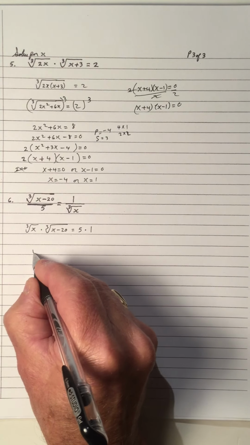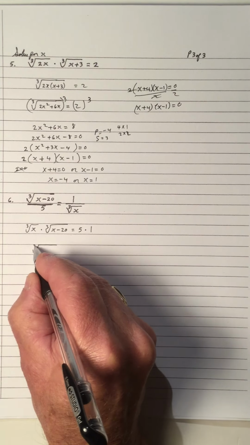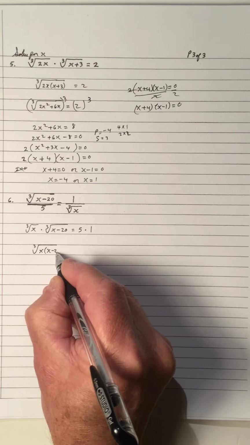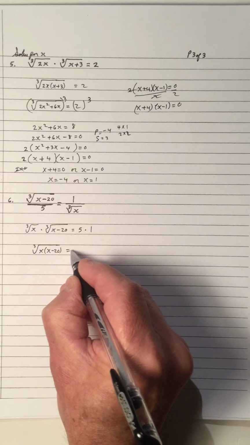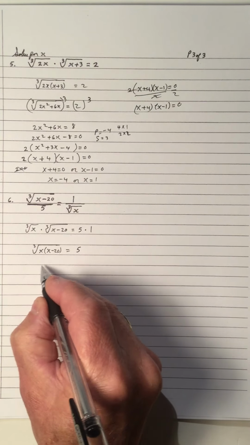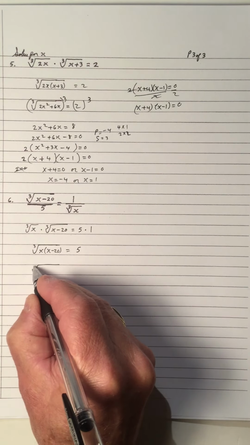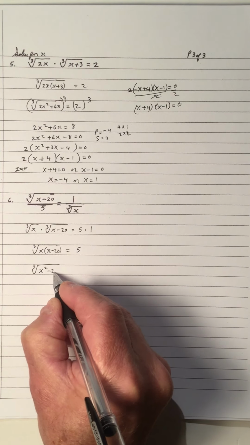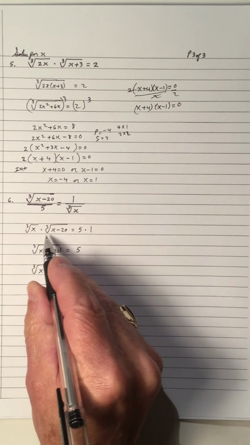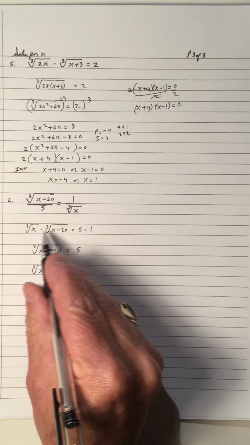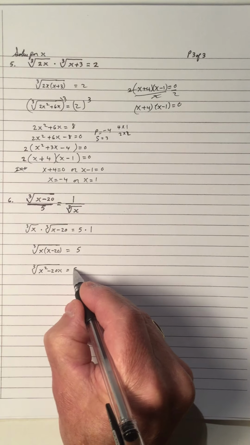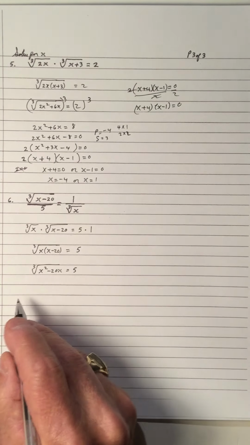So we'll multiply that, we get the cube root of x times x minus 20 equals 5. I just decided to write that x times x minus 20 here and then multiply it, but you could have gone from here right to here.